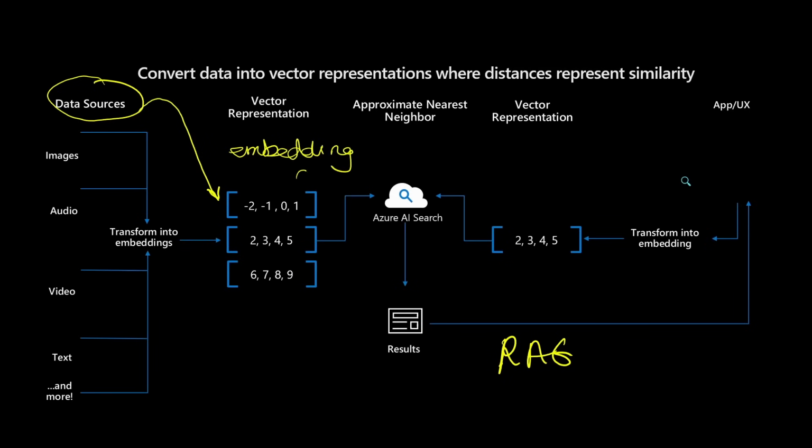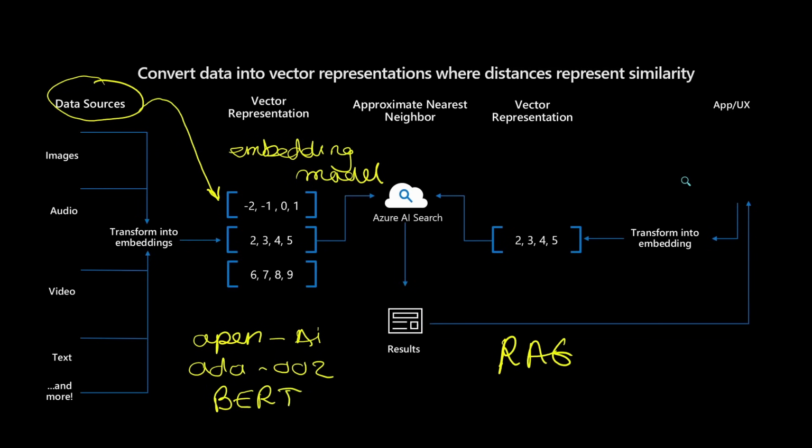If you're using Azure OpenAI, then you would probably be leveraging the OpenAI embedding model called ADA 002. But you can very well leverage BERT, another popular embeddings model, or you can leverage Word2Vec. It really doesn't matter. The whole idea is that your data sources are being vectorized in an embedding model that is suitable to the particular use case you are looking to do.